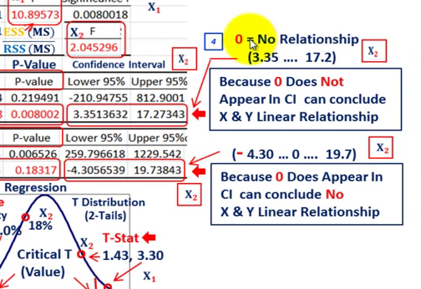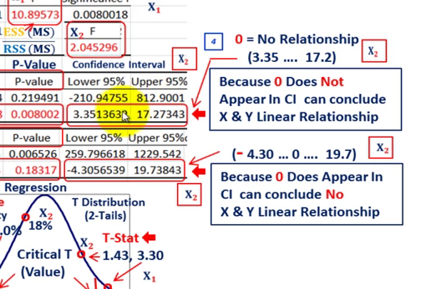So if, in one of these statistics, there's 0 sitting between the lower and upper bounds of your confidence interval, if 0 sits somewhere in that range, then you don't have a relationship. So for x1, what are our bounds?